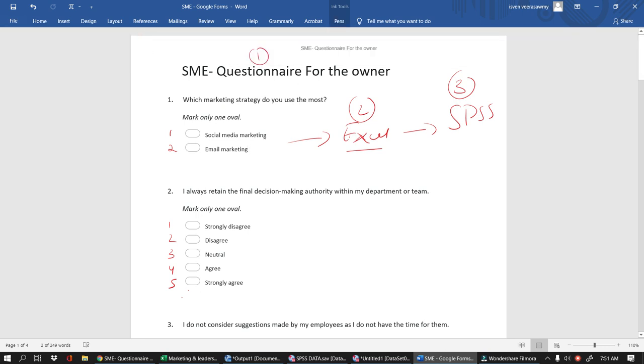The measurement pertains to whether it is categorical or numerical. Here you have categories in your answers, so the possible answers are in terms of categories.